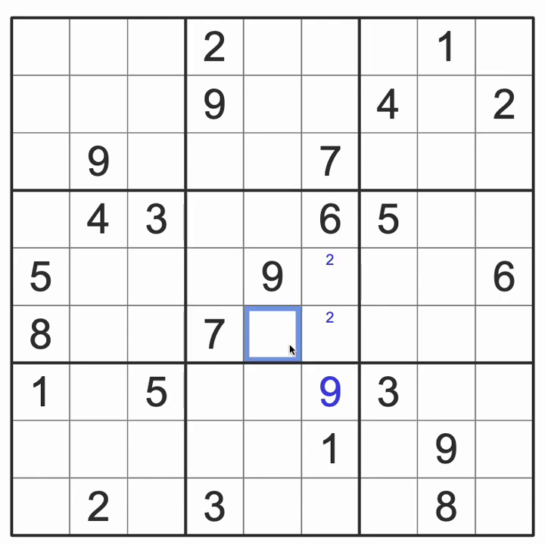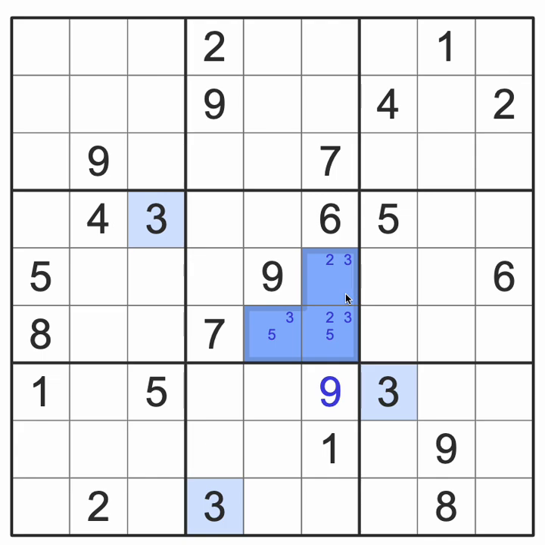So 5 can only be here or here. Looking at box 5 more, I see 3 here blocks these 2. 3 here blocks this line. So 3 will have to use one of these 3 cells.